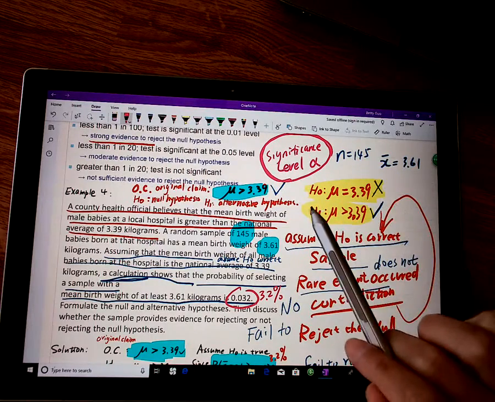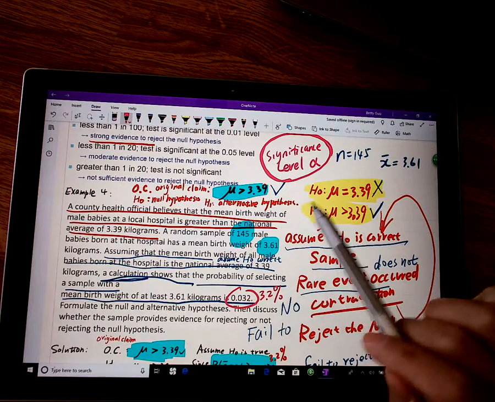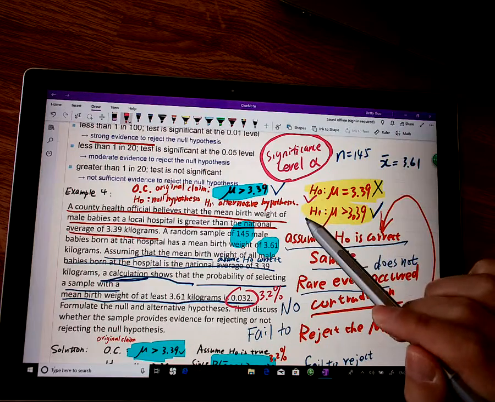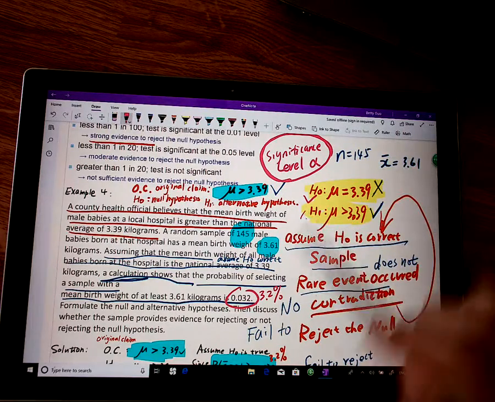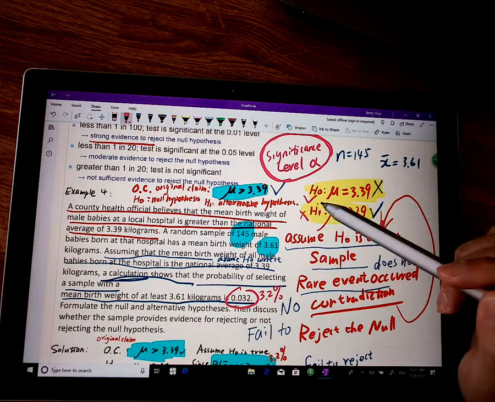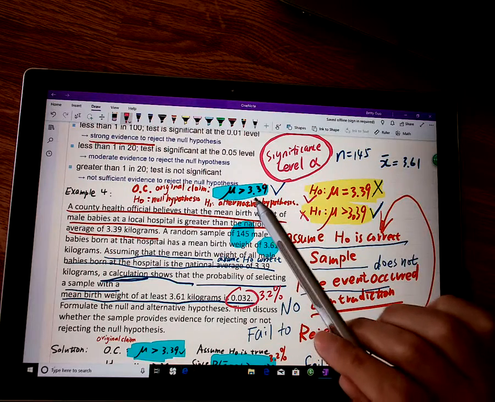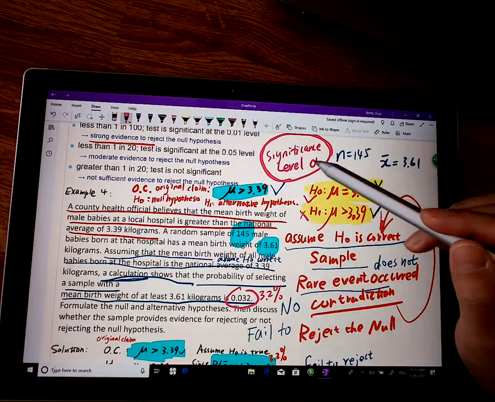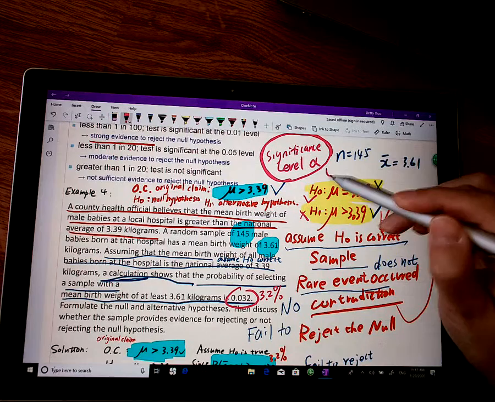Fail to reject the null is kind of like supporting the null, right? And we deny, or lack evidence to support, the alternative and the original claim. But what if alpha here is 5%?